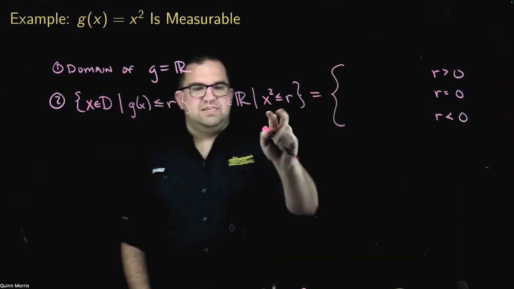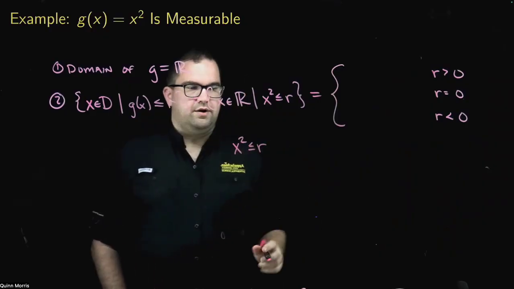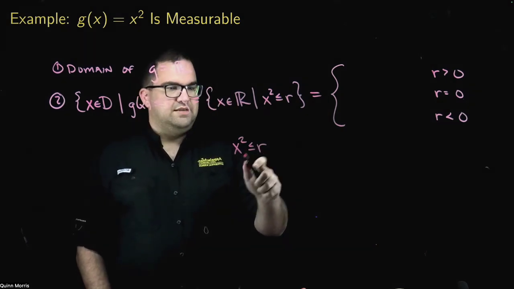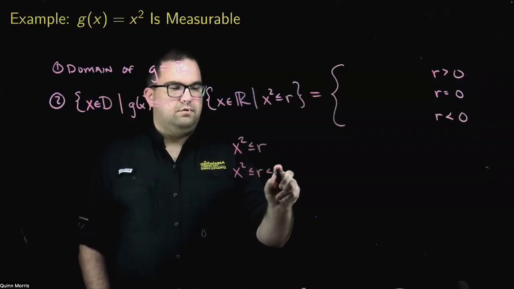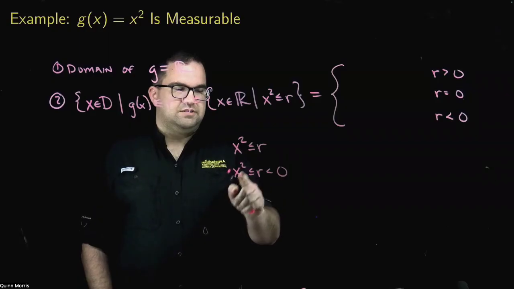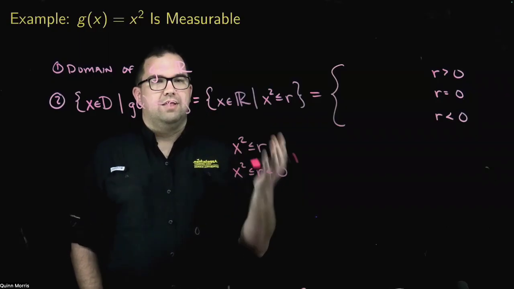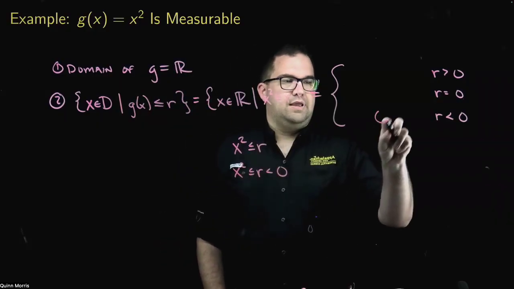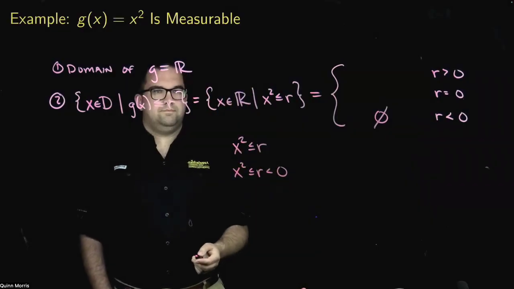If I just think about this inequality, x squared is less than or equal to r, and I take r to be some negative number, that really means I want to know for what values of x does x squared give me a negative number. There are no real x values that do that. I'm looking over the reals. So this would actually be the empty set if r is less than 0.